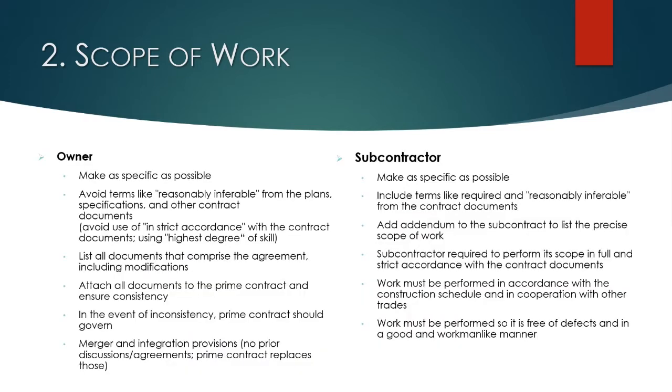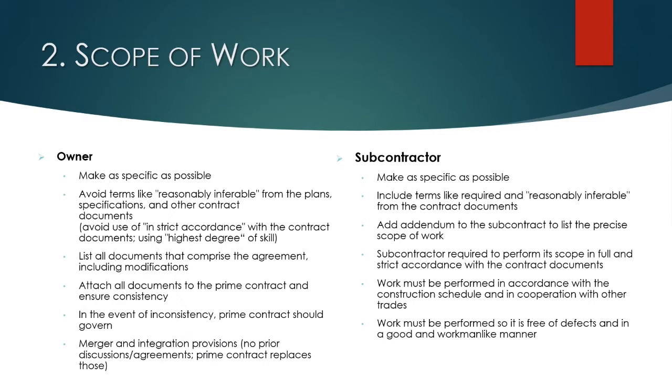So again, another slide that kind of gives you an idea of what to be looking out for in the prime contract and in your subcontract. It goes without saying that whether it's the prime or the subcontract, make it as specific as possible. Make that scope of work specific, so there aren't any disputes on what you or your subcontractor was supposed to do.